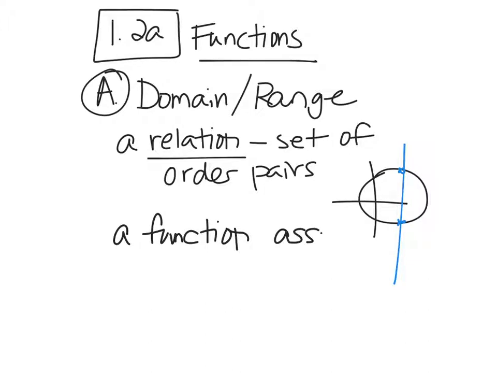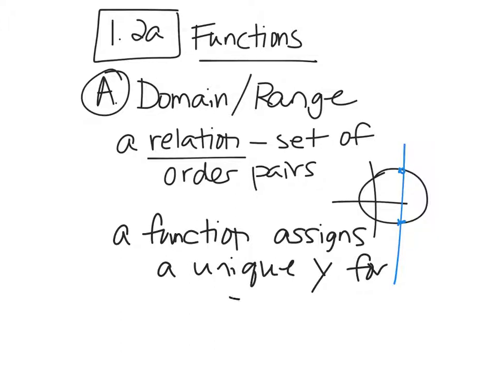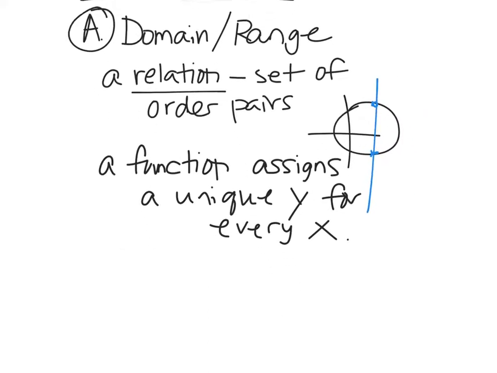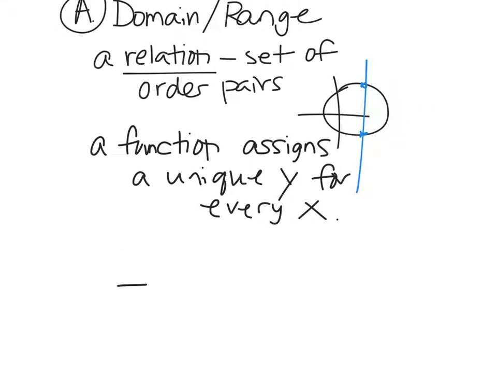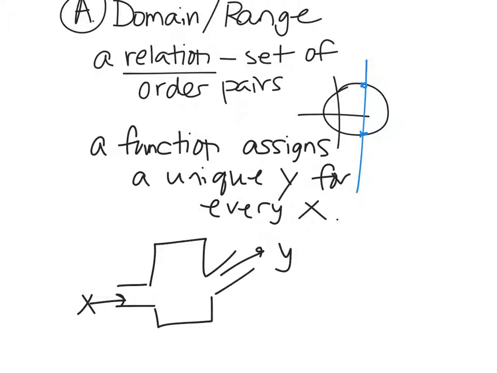Have you ever seen a function machine, where x goes in as your input, and y comes out as your output? So for any x that you plug in, a new y will come out.